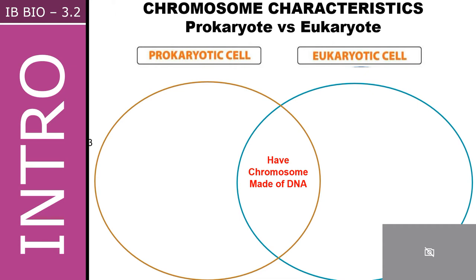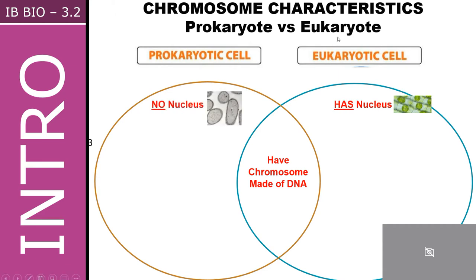But there are some differences that we've covered. So again, in eukaryotes, what sets them apart is that they have a nucleus. Again, these are the little plant cells. You can see the big circle in the middle, and that nucleus is where the chromosomes, where the DNA is. Where prokaryotes do not have that nucleus. You can see there's an absence of that nucleus structure in prokaryotes.